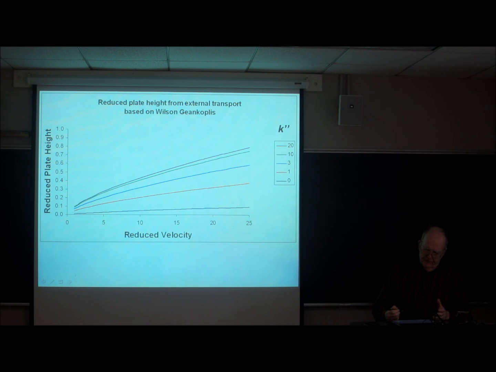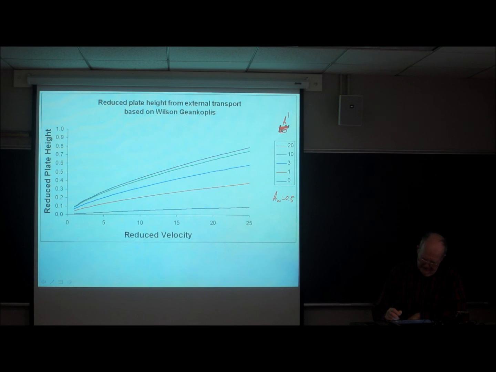This is the way it plots up. This was K prime. That's K prime, because I've got a curve here with K prime 0. And I think I took K naught equal to 0.5 for this plot.